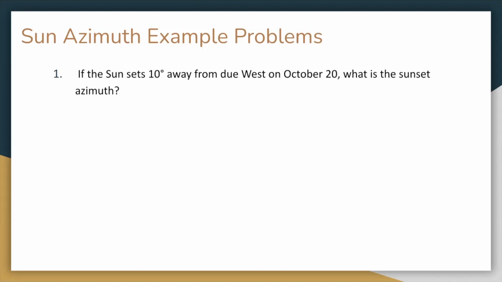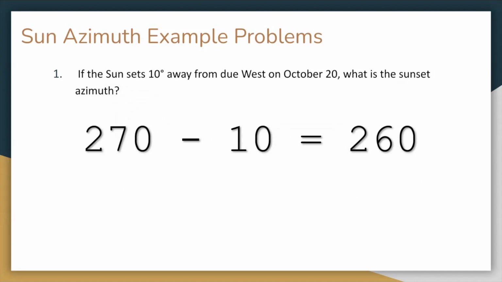So the sun is 10 degrees away from west. We know west is 270 degrees azimuth. And if it's setting in the fall and winter, we need to subtract 10 degrees from west. So 270 minus our 10 degrees gives us a sunset azimuth of 260 degrees.